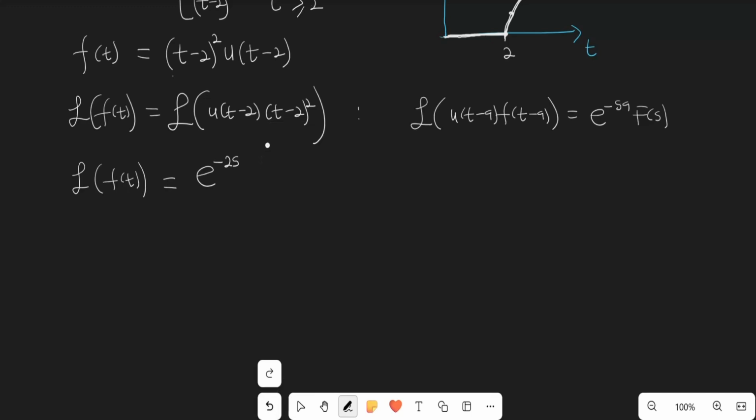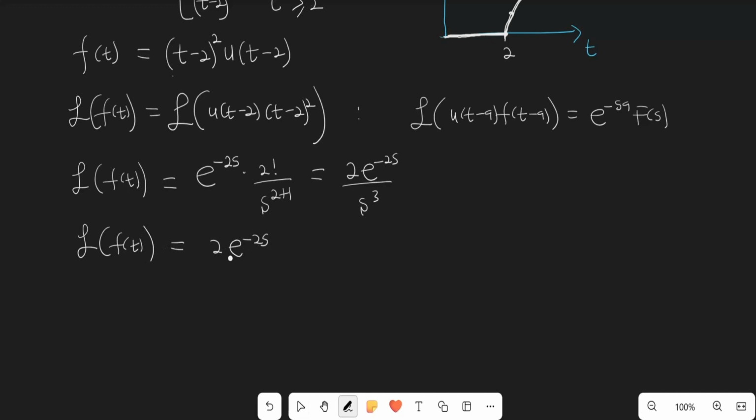So the Laplace transform of t squared is going to be 2 factorial all over s raised to the power 2 plus 1. And 2 factorial is 2, so we get 2e to the negative 2s all over s raised to the power 3. So the Laplace transform of f of t, that's our third function, is 2e to the negative 2s all over s raised to the power 3. Put that in a box.